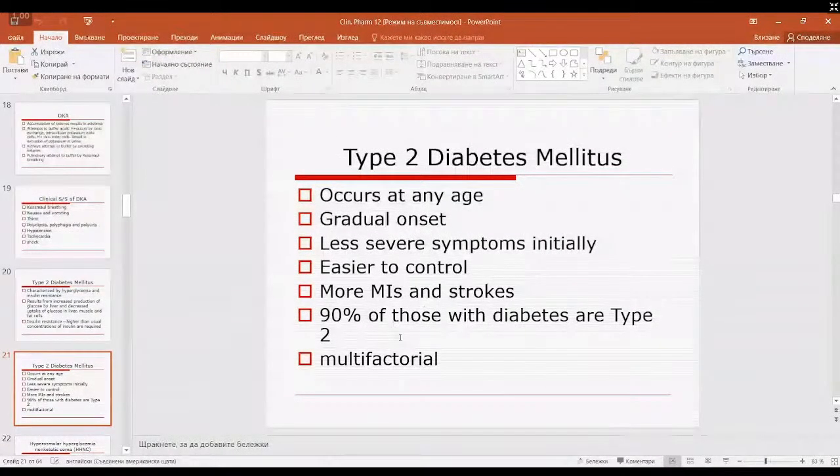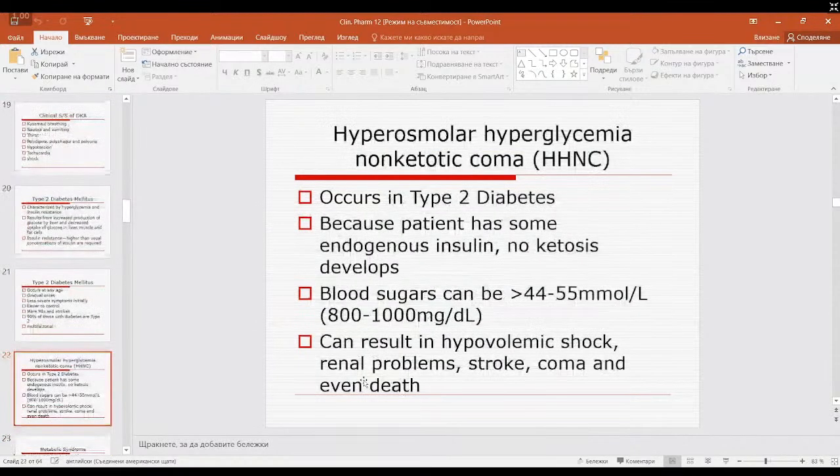The causes are multifactorial. The genetic factor is very important, but there are also risk factors like metabolic syndrome, dyslipidemia, having arterial hypertension, being overweight. They all increase the risk of developing type 2 diabetes.